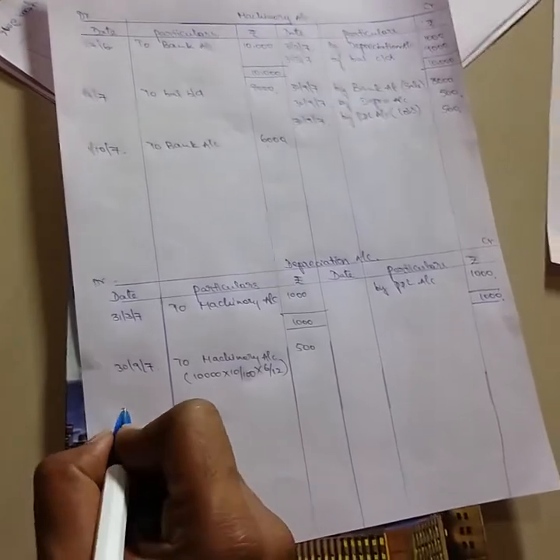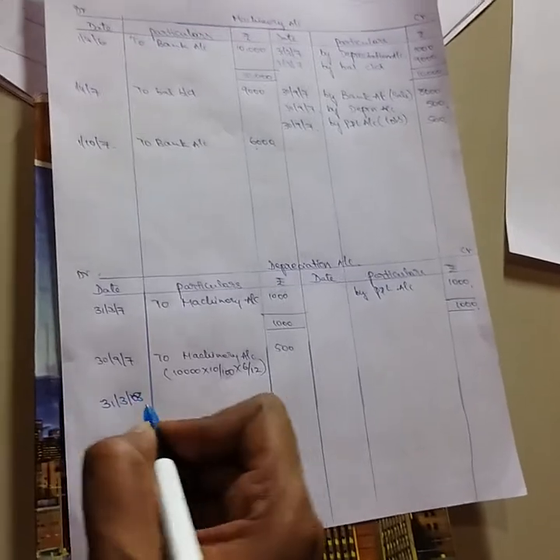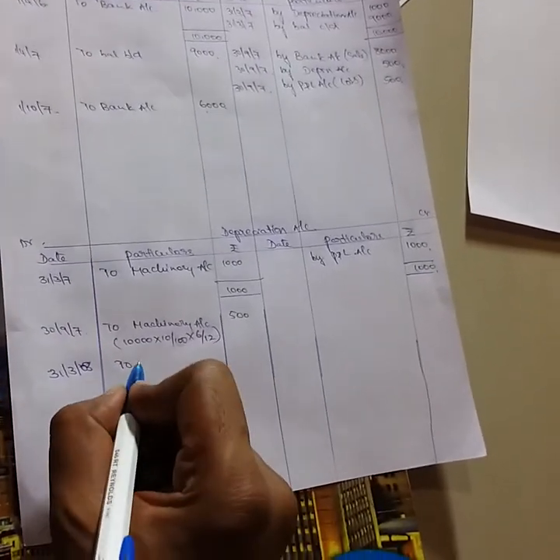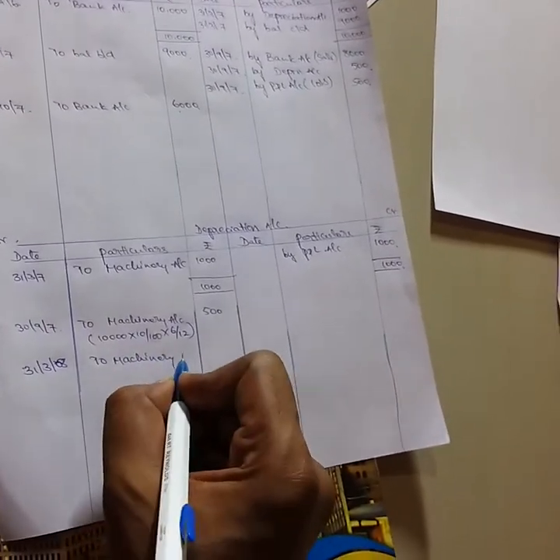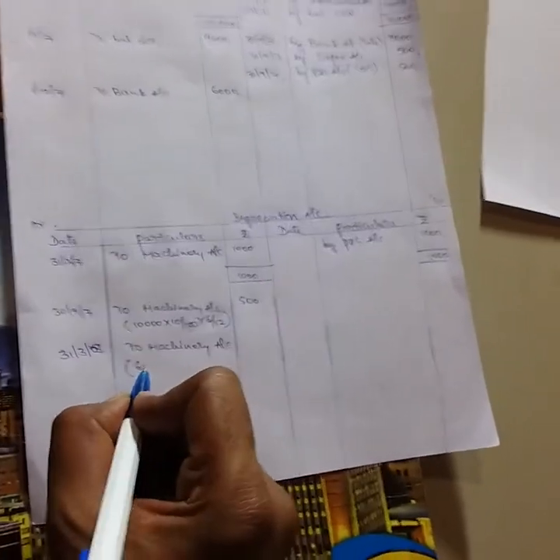Journal entry, depreciation account debit to asset account. This is machinery 2 depreciation, second machinery depreciation. So purchase value is 6,000.